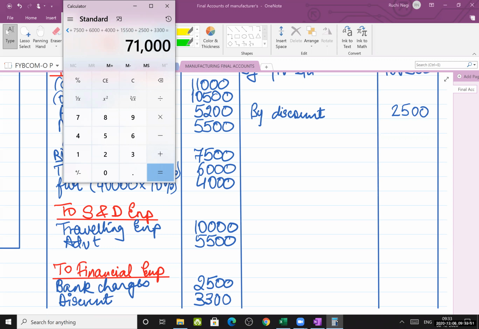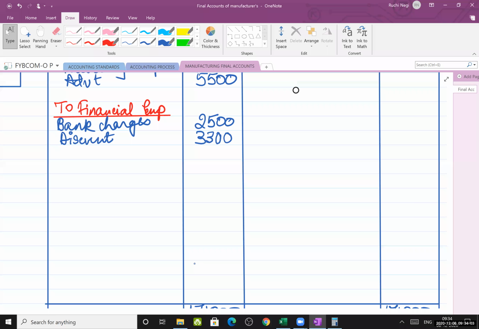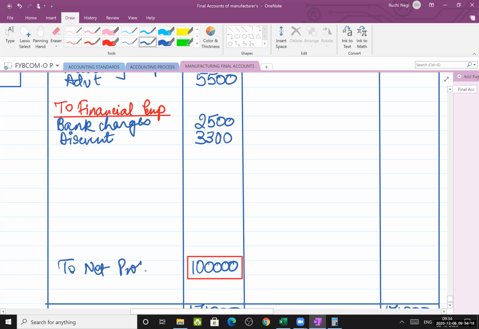Okay, minus 1,71,000. It will come to 1 lakh rupees, yes, 1 lakh rupees. Okay, so my answer is 1 lakh rupees. So write it here, 1 lakh. Okay, so what is this? This is my net profit. So write here, to net profit carried down.